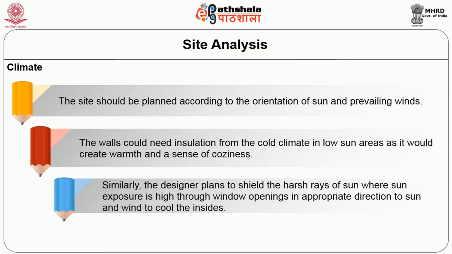The site should be planned according to the orientation of the sun and prevailing winds. The walls could need insulation from the cold climate in low sun areas, as it creates warmth and a sense of coziness. Similarly, the designer plans to shield the harsh rays of the sun where sun exposure is high through window openings in the appropriate direction to the sun and wind to cool the insides.